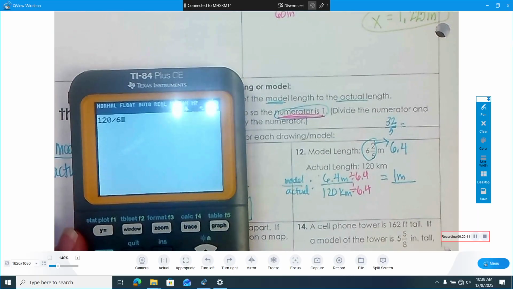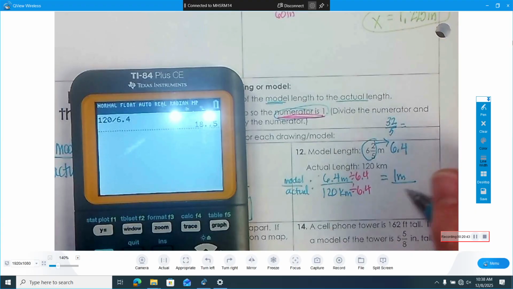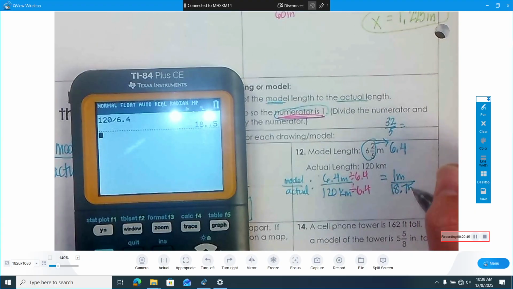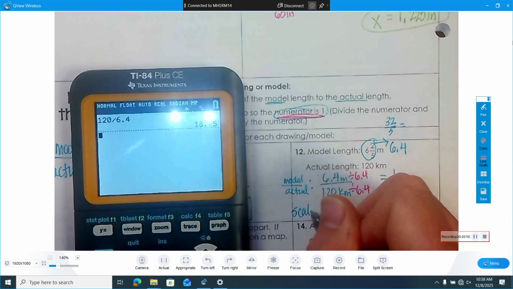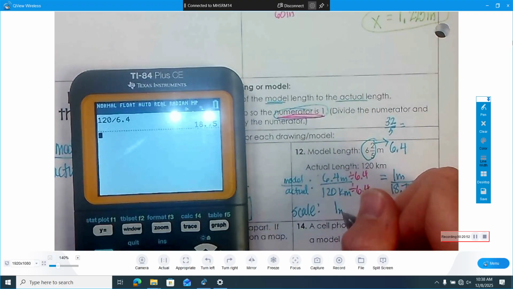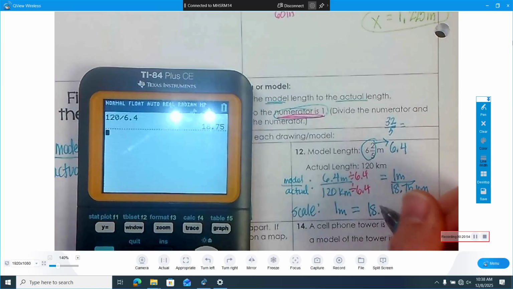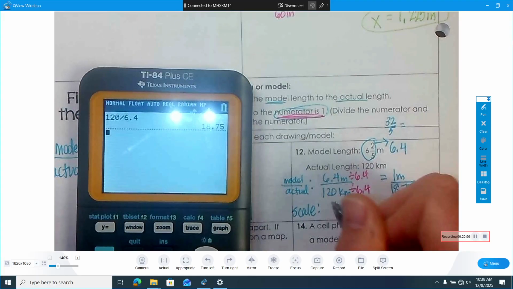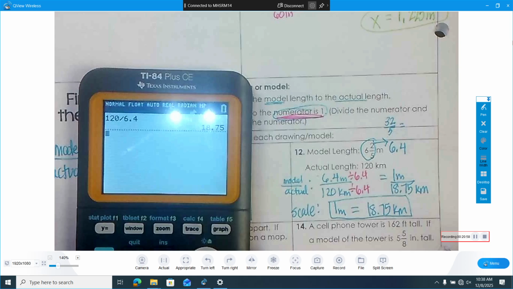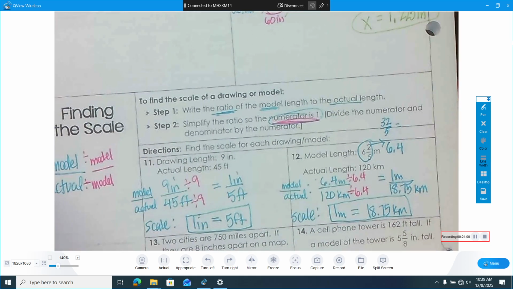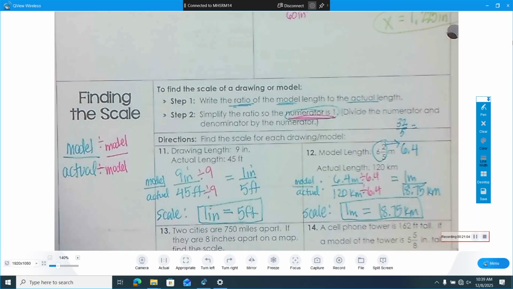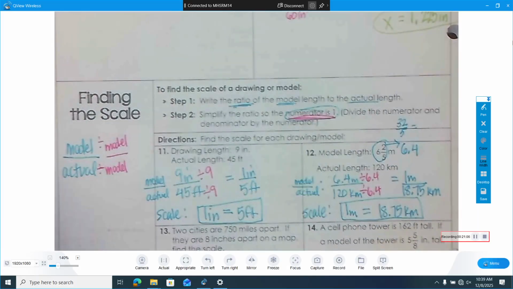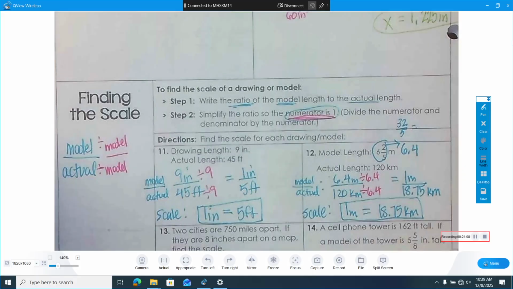And then 120 divided by 6.4 is 18.75 kilometers. So our scale is 1 meter equals 18.75 kilometers. It's pretty traditional to give scale where something is 1 inch or 1 centimeter or 1 yard, and then the other thing has a number.